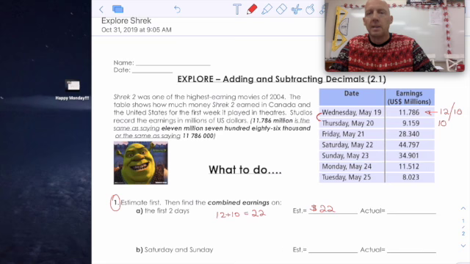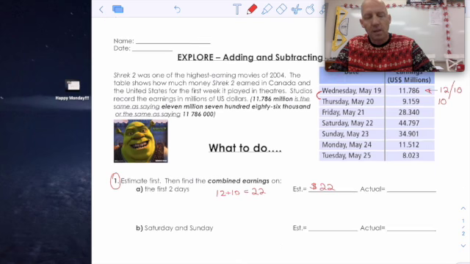Okay, so now I'm going to find the actual. Now, before I find the actual, I want you to recognize these are fairly small numbers, so it's fairly easy. You could just say, well, it's close to 12, and this one is 9, so I don't have to go to 10. Make it a little bit easier.